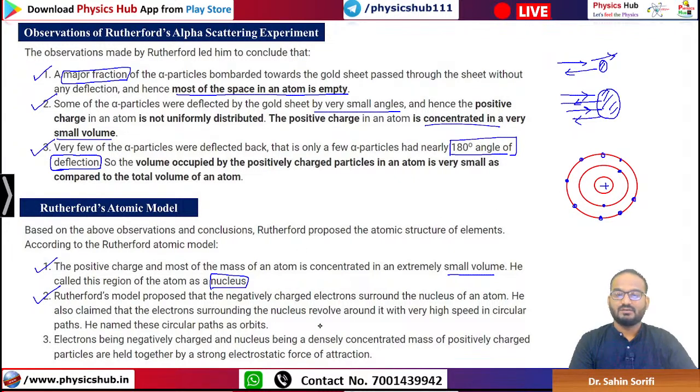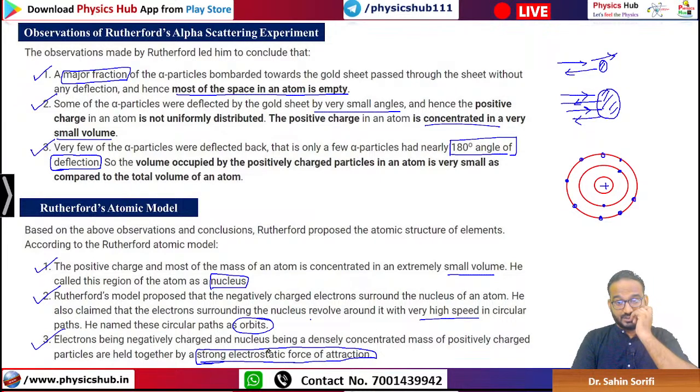The electrons surrounding the nucleus revolve around it with very high speed in circular paths. He named the circular paths orbits. Electrons being negatively charged and the nucleus being a densely condensed mass of positively charged particles are held together by a strong electrostatic force of attraction. So what is the nature of this force? Electrostatic.